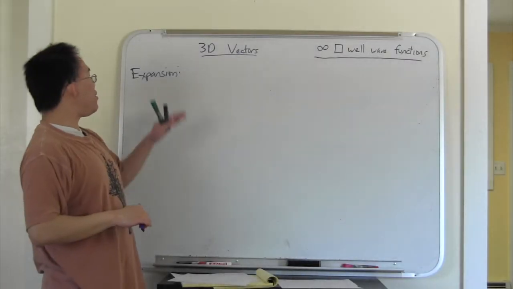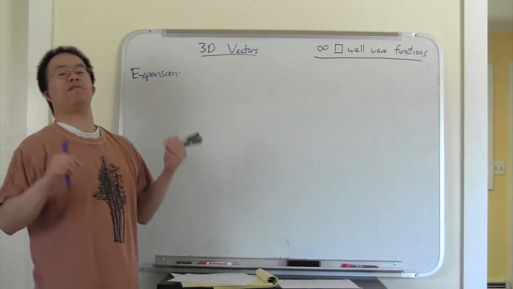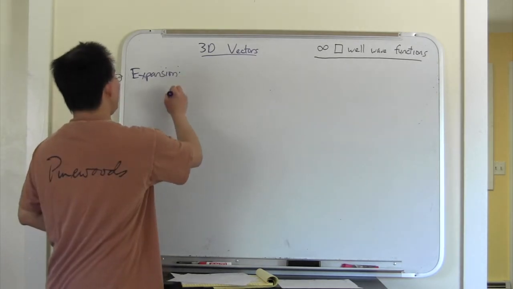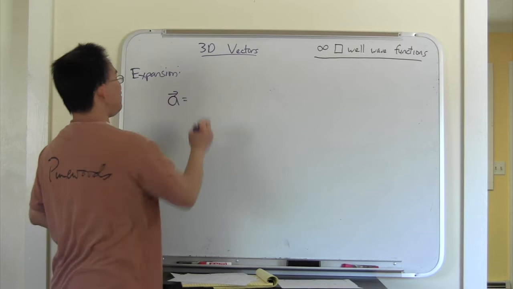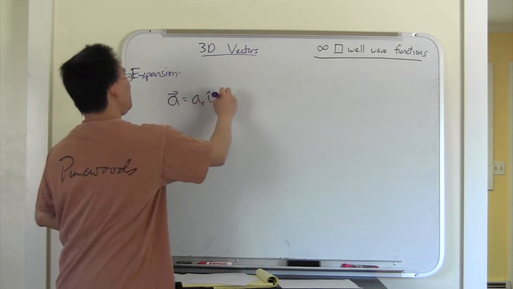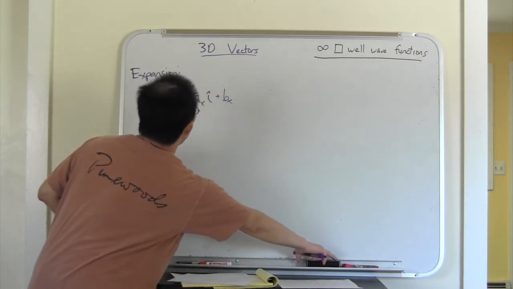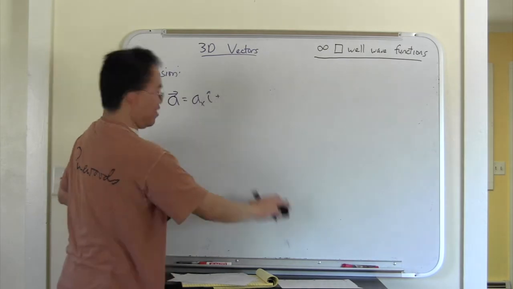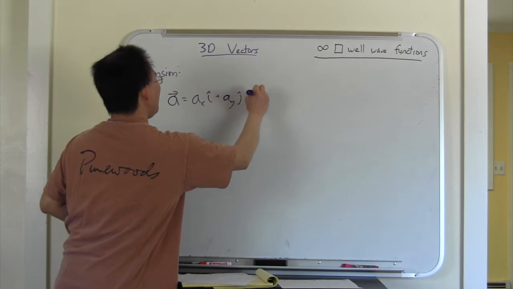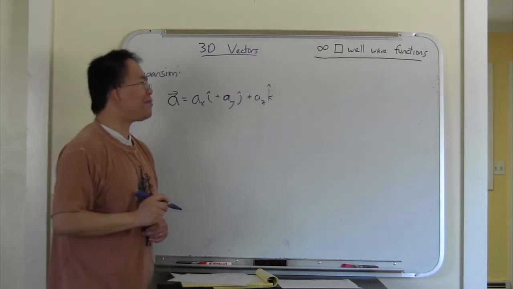So, like I talked about earlier, I can always write any 3D vector in terms of my basis vectors i hat, j hat, and k hat. So for some arbitrary vector A, I can write it as a_x i hat plus a_y j hat plus a_z k hat.